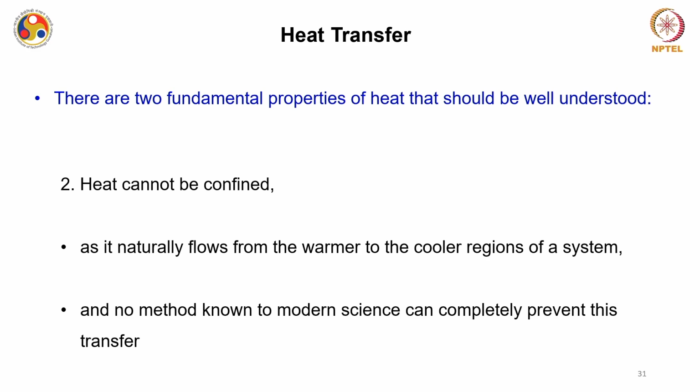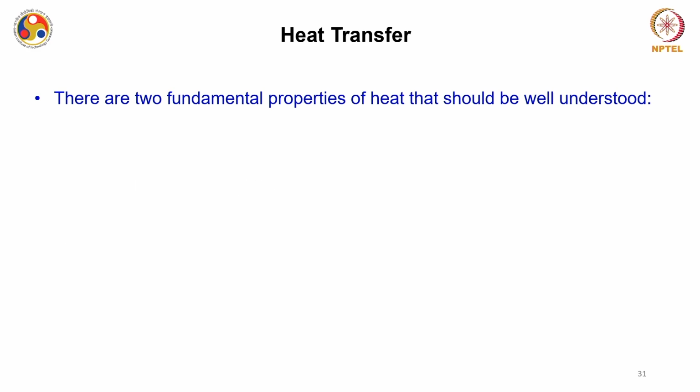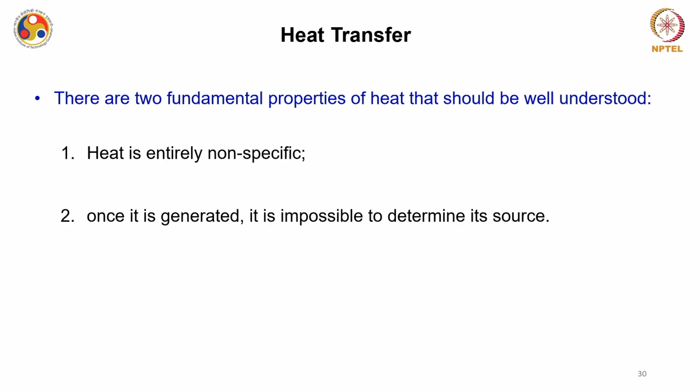First, heat is entirely non-specific, which means that once it is generated, it is impossible to determine its source. And the second point is heat cannot be confined. These two points are very essential regarding heat.